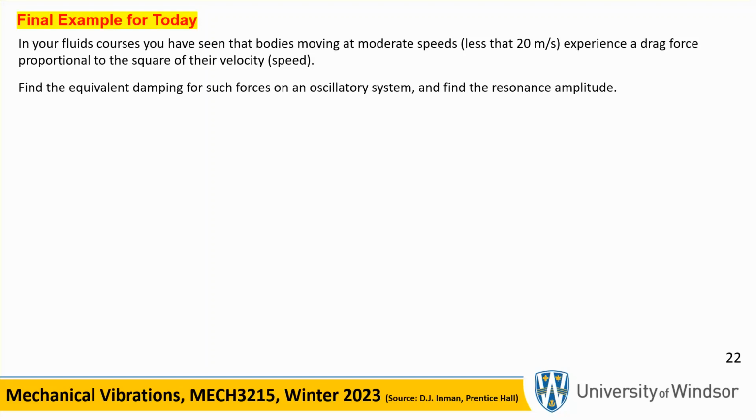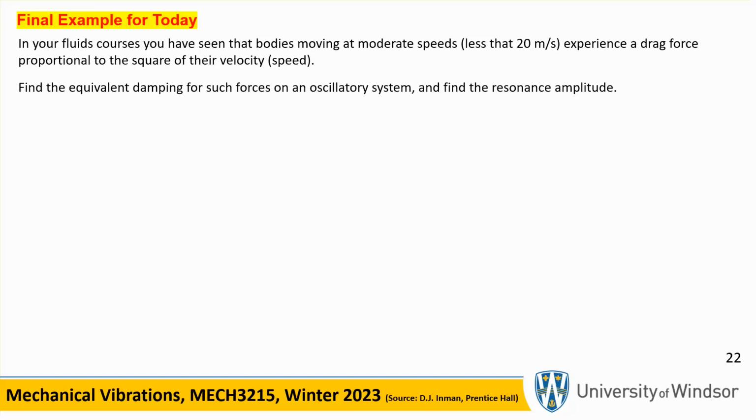We know the drag force on this, which has to do with the cross-sectional projection area, is proportional to v squared. We don't like x dot squared. We want it to be proportional to x dot, because everything we know about the viscous damper, c x dot, becomes linear.